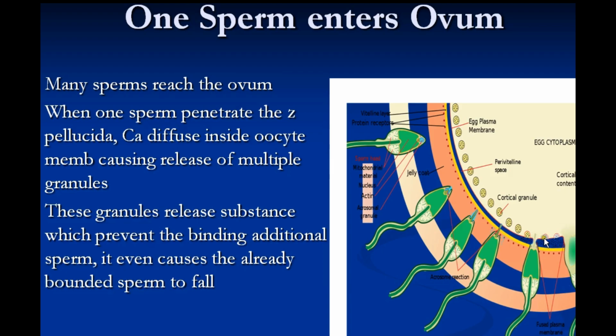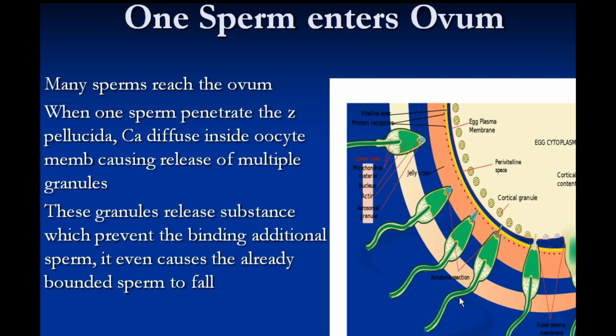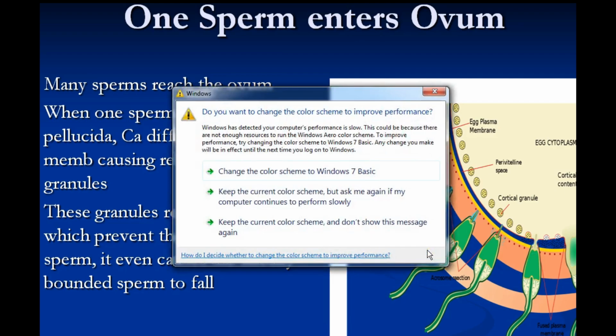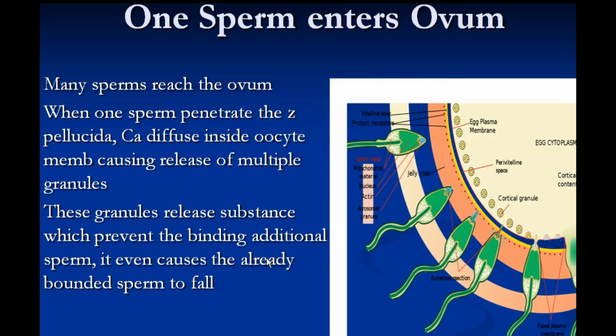These granules release a substance which prevents the binding of additional sperm. It even causes the already bound sperm to fall away.